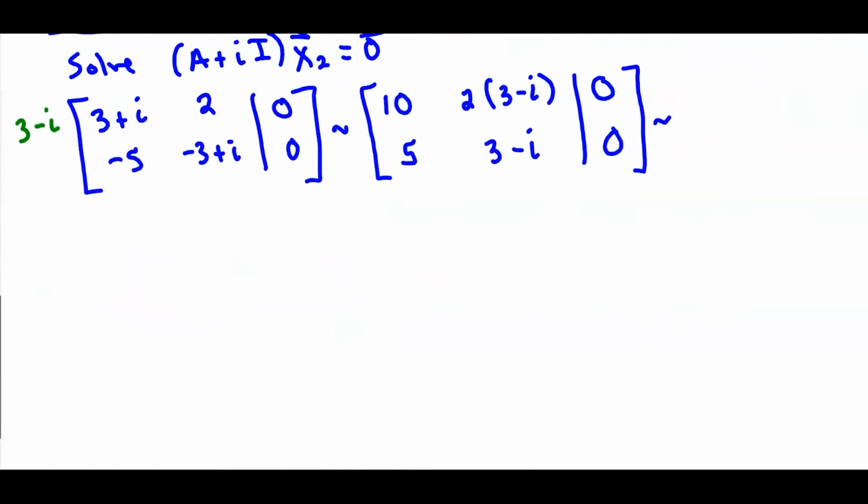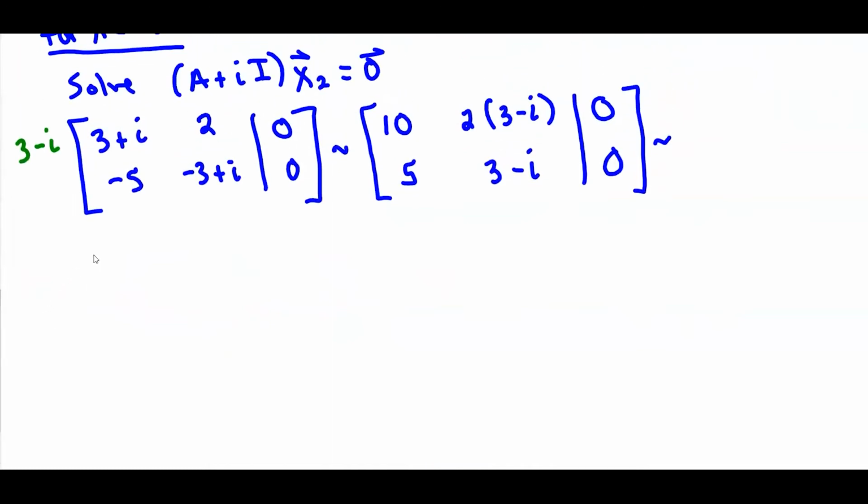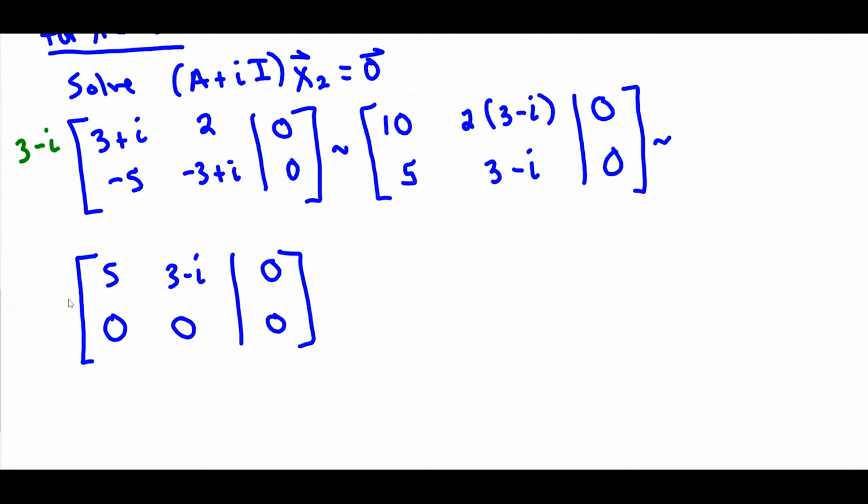We're going to have zeros in the bottom row. Going to move the 5 and 3 minus i to the top row. And then I'm going to divide by 5. And you could write it like that. I wrote it a different way last time, but you can write it like this. It's going to get the same thing.